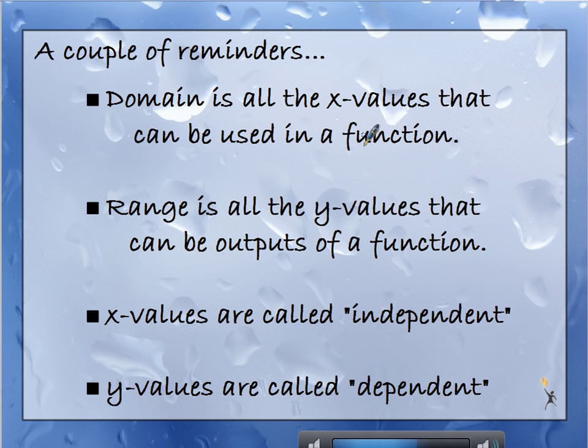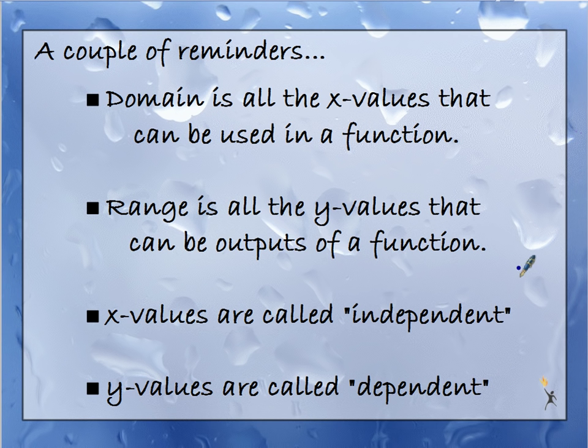Remember that the domain of a function are all the x values that can be used in a function. The range is all the y values that are outputs, so the domain is all the inputs, the range is all the outputs. The x values are called the independent variable in a regular function, and the y value is called the dependent variable.